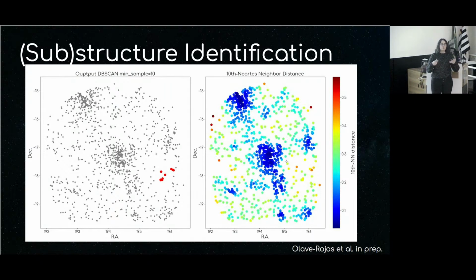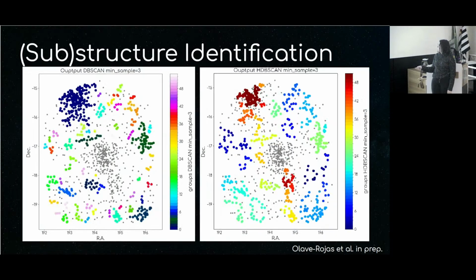And I also tested HDBSCAN in order to identify galaxies using clustering algorithms. When you use HDBSCAN, which is an improved version of DBSCAN, you can see that you can identify different substructures when you use 3 samples.